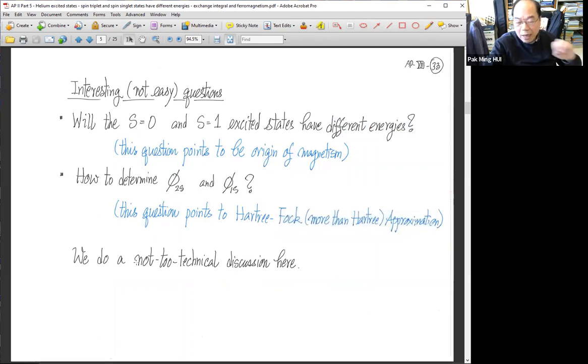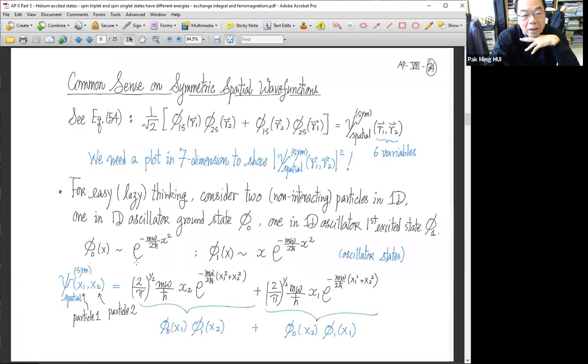In what follows, I will do a not so technical discussion because many of these are concepts to prepare you for further learning, if you choose to do so, in quantum mechanics or in other atomic molecular physics. So the first thing I would like to bring out is the following. I want to complete this part because the sample questions that the TA will do are closely related to what we will do here.